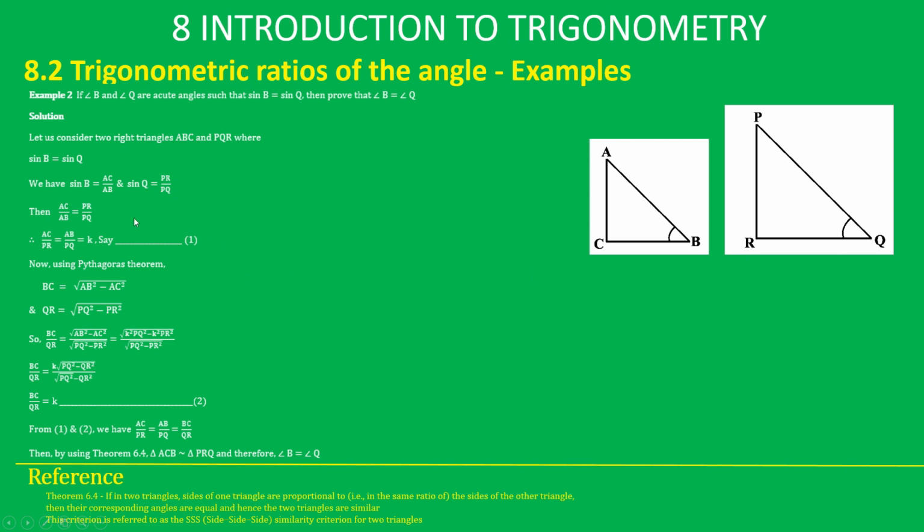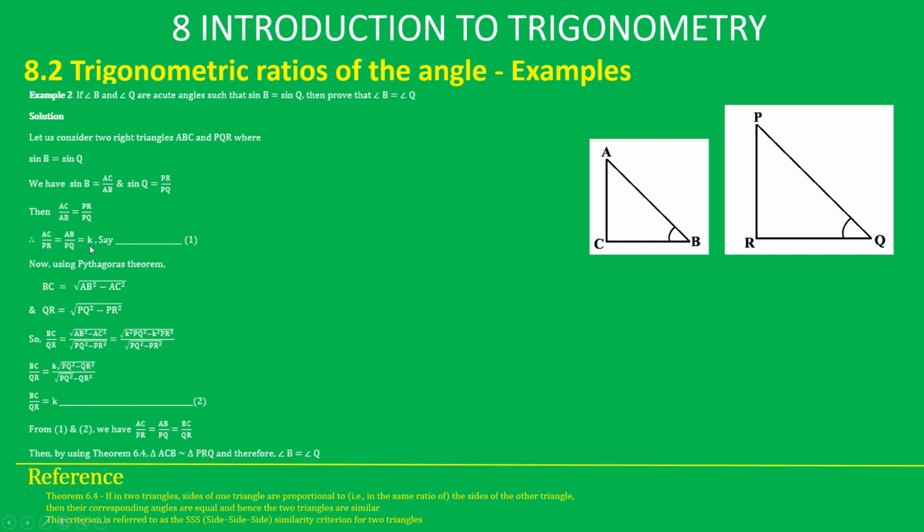As per the statement given in the question, both are equal, so AC by AB is equal to PR by PQ. From this pair, move PR to here and AB to here, therefore AC by PR is equal to AB by PQ.